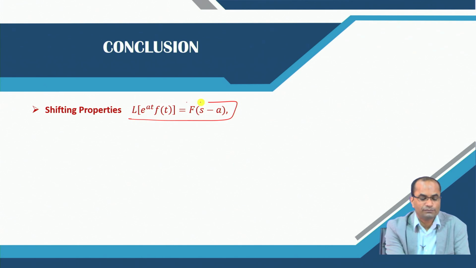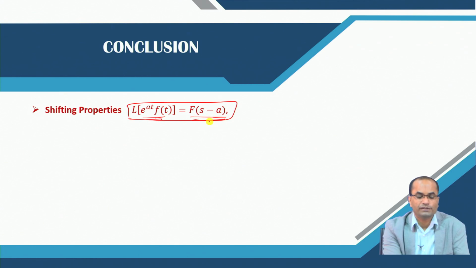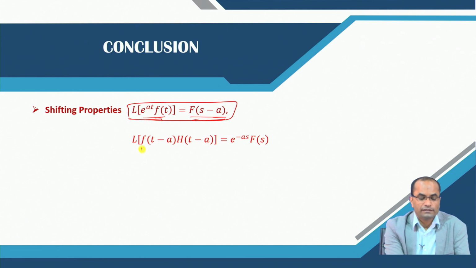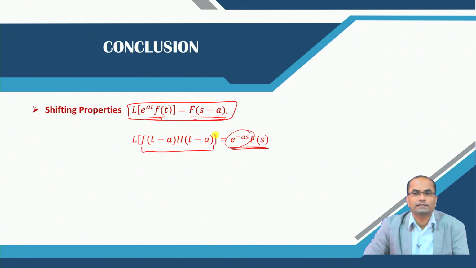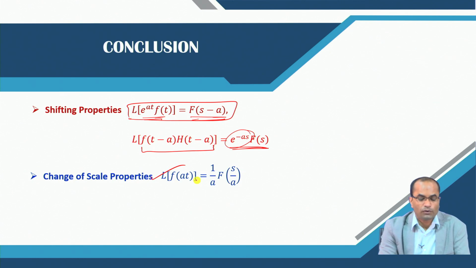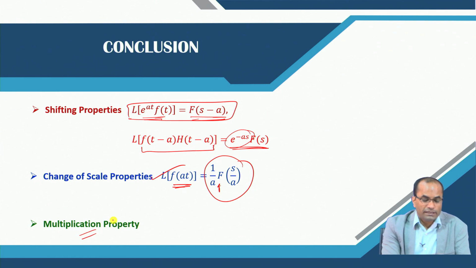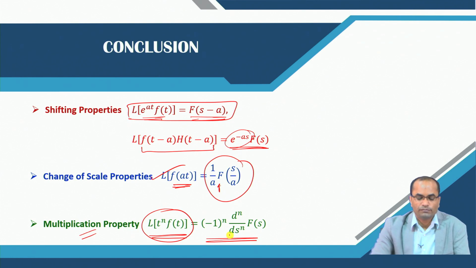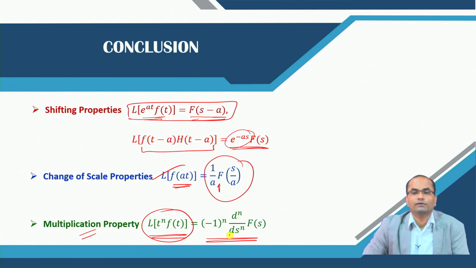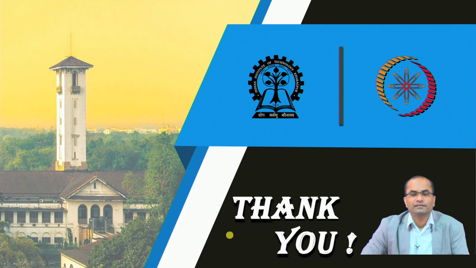With the first shifting property, e power minus at f(t), there will be a shift in the Laplace transform, and if we have a shift in the function, then there will be a component e power minus as outside of F(s). The change of scale property: if we know the Laplace of f(t), we can get the Laplace of f(at) as 1 over a times F(s over a), where F is the Laplace transform of f(t). And the multiplication property: the Laplace transform of t power n f(t) is nothing but minus 1 power n times the nth derivative of F(s) with respect to s. That is all for this lecture, and I thank you for your attention.